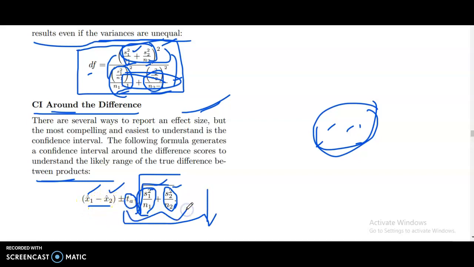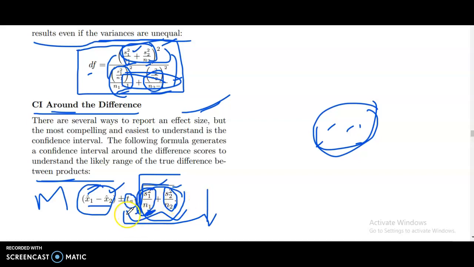What are we doing here? This is the mean, and this is the standard deviation, this much standard deviation for this much sample size, for sample 1 and sample 2.